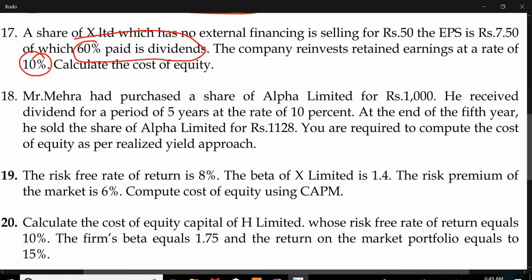Now listen, the realized yield approach is technically calculating the IRR of the cash flow. So I'll create year cash flow and we have to compute IRR. I'm not going to do the IRR calculation in this class. I'll tell you the answer. At home you will get one positive NPV, one negative NPV and get to the IRR.